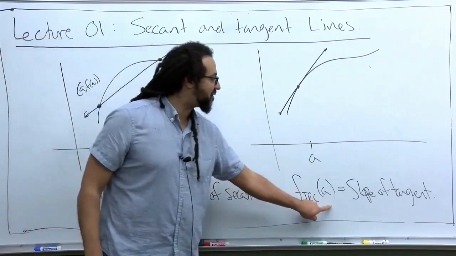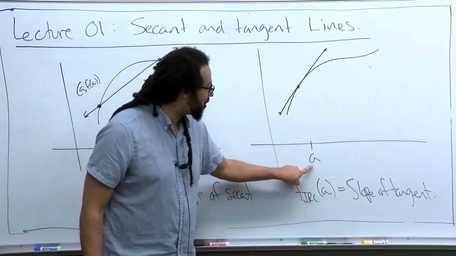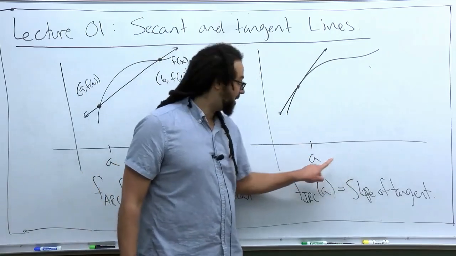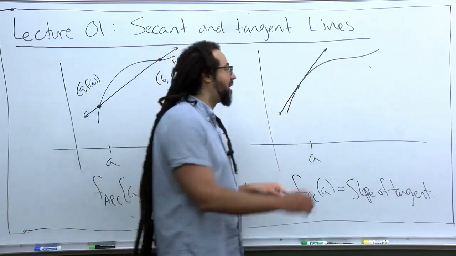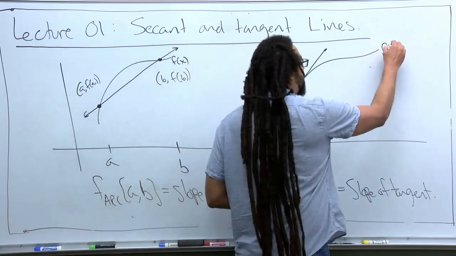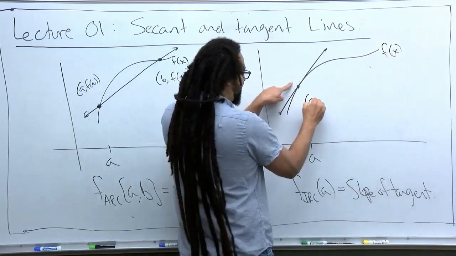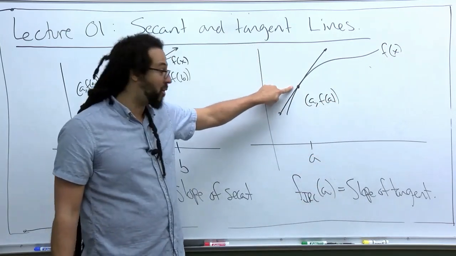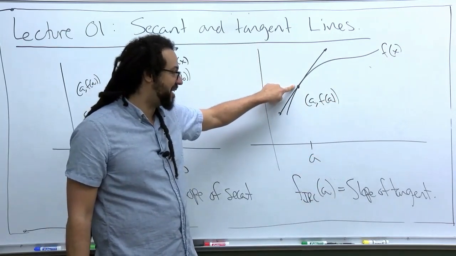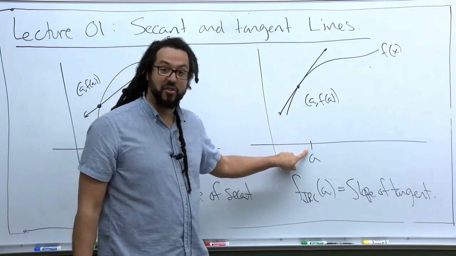The instantaneous rate of change at the point x equals a, now there's no interval, we're just at a point. It's just the slope of the tangent line to the curve f at the point (a, f(a)). Again, there's no interval to work with here, we are just looking at the tangent line at the instant where x is equal to a.